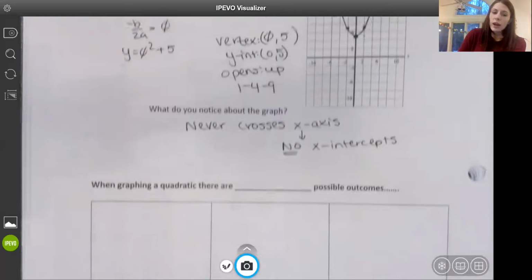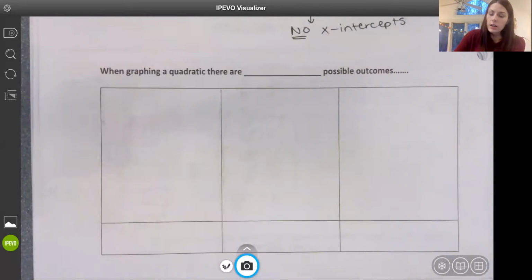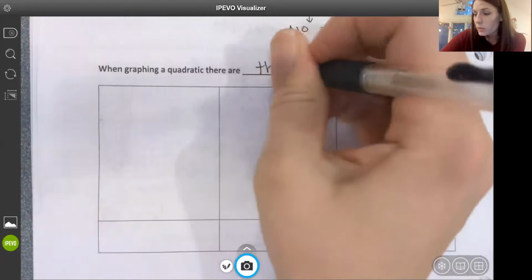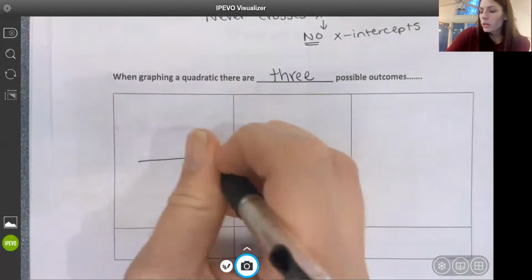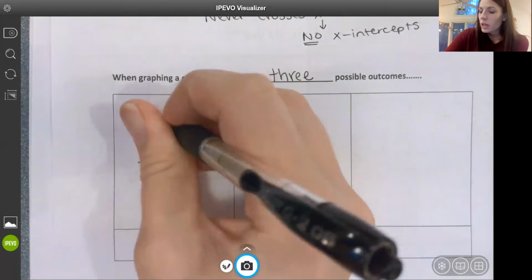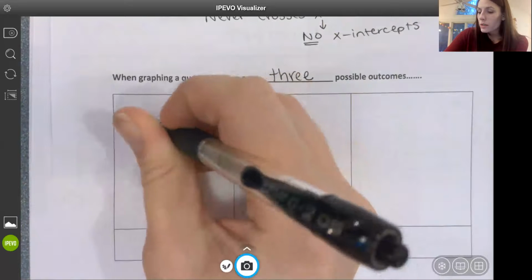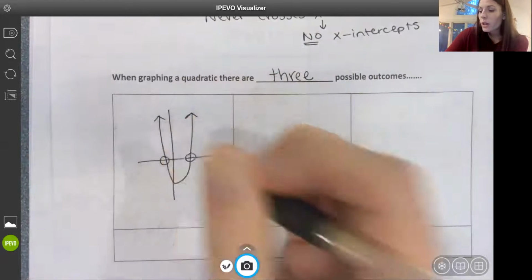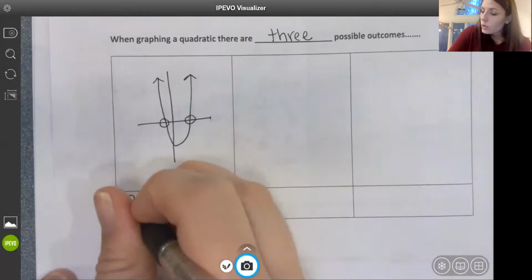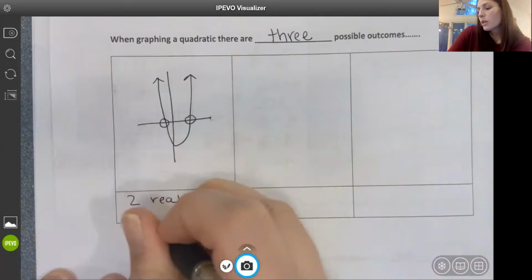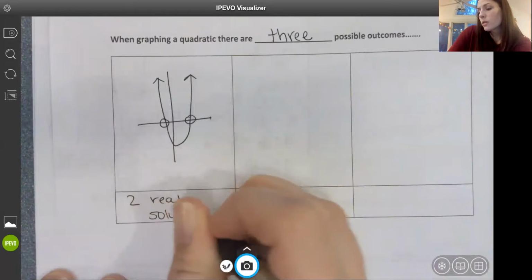And so when we're graphing a quadratic, there are 3 possible outcomes. Okay, one, what we'll see a lot of the time is that the parabola will cross twice, and that I will have 2 real solutions.